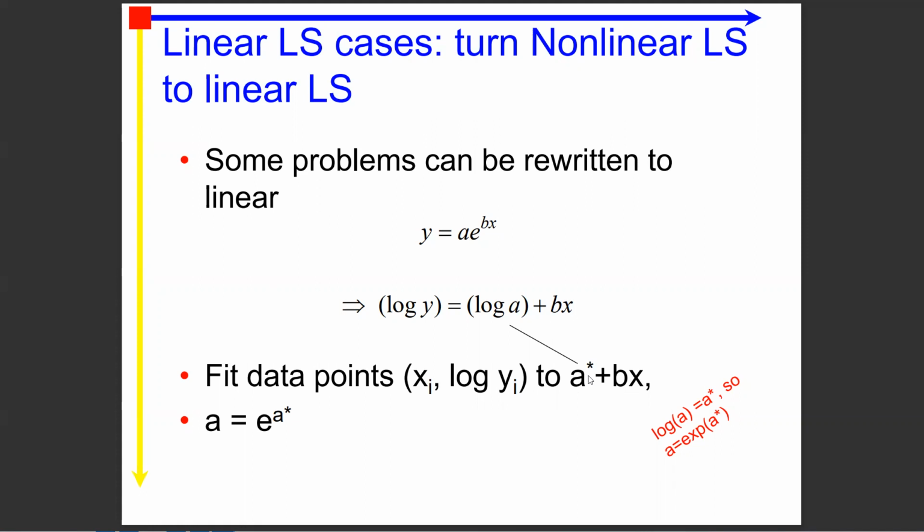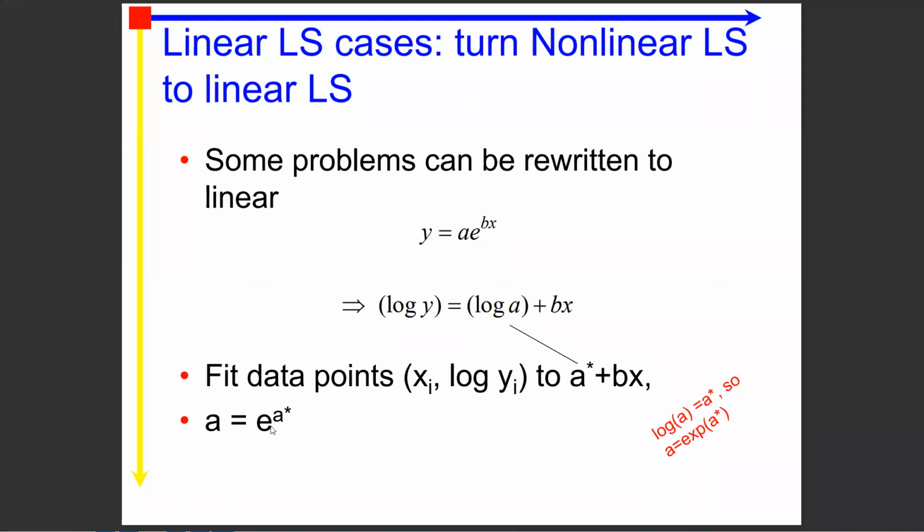And once you have done your line fitting, you can get solutions for a star and b. You find those unknowns, and once you have that solved, you can recover a. You can go back and find a again, because we know a star equals log a.